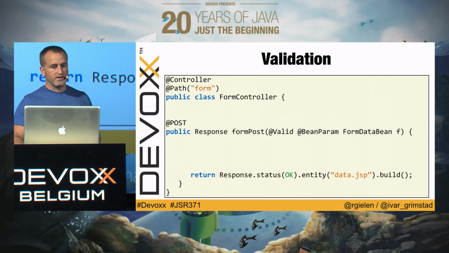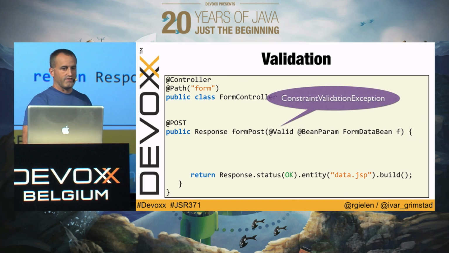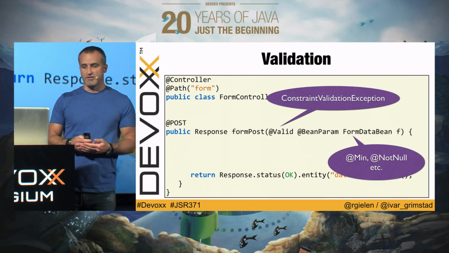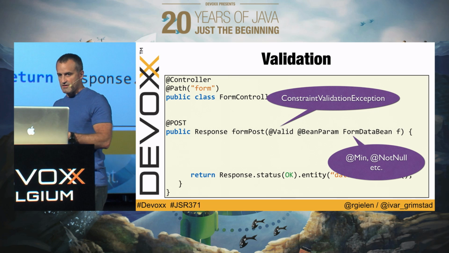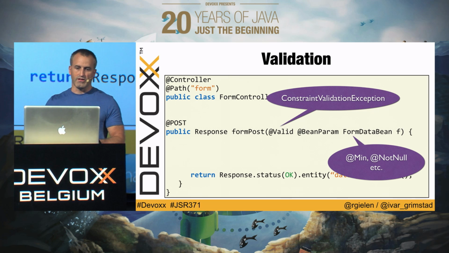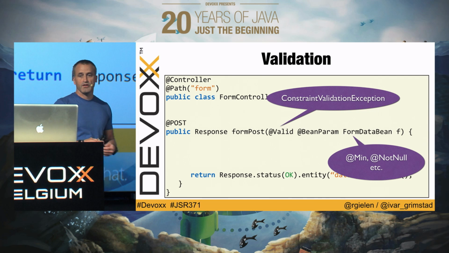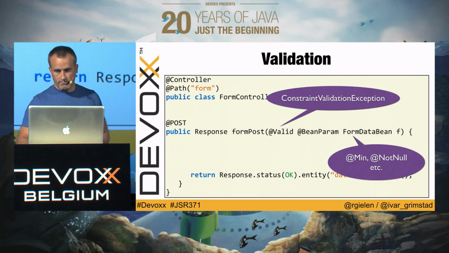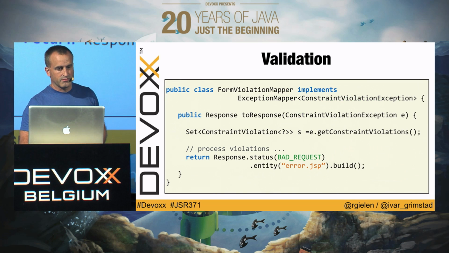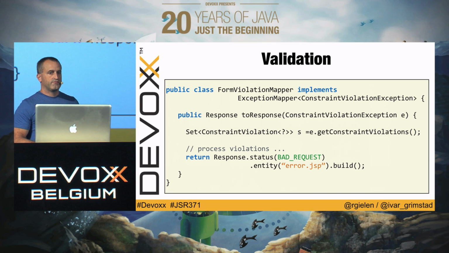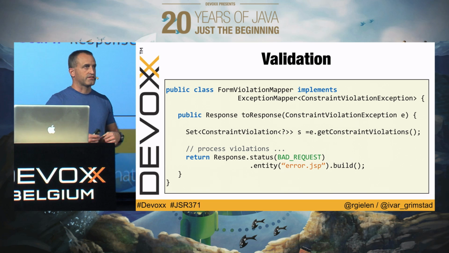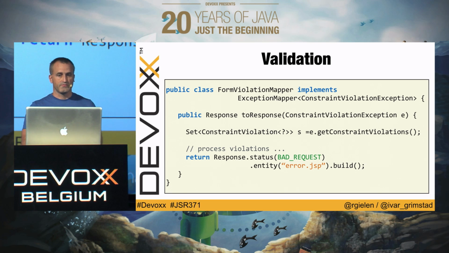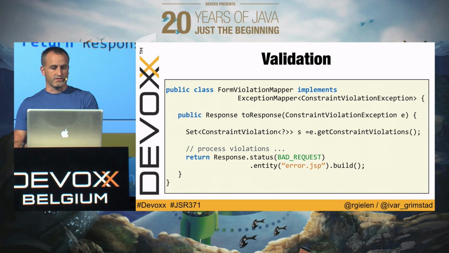And you have some bean validation annotations, the @Valid, that will throw a constraint violation exception if the contract isn't fulfilled. For example, the @Min or @NotNull or whatever bean validation you have put onto the bean. And in JAX-RS, you would probably have a form validation mapper that implements your exception mapper for a constraint violation exception. And it just processes and returns some error page.